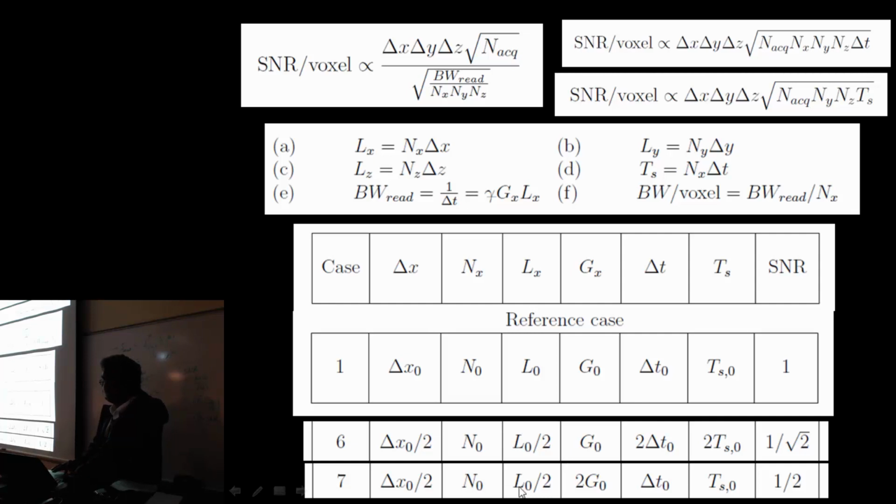Whereas in this case, you're changing your voxel size and reducing your field of view, keeping your matrix size constant. So you can do the same. If you look at these three terms, delta x by 2, they are the same in both scenarios. But you're implementing that by doing two different things, and it has a different effect on your signal to noise ratio relative to your starting point.